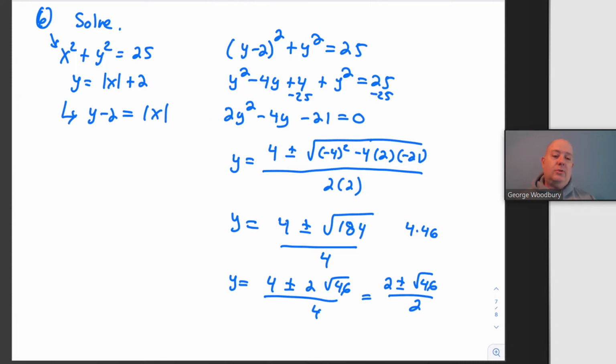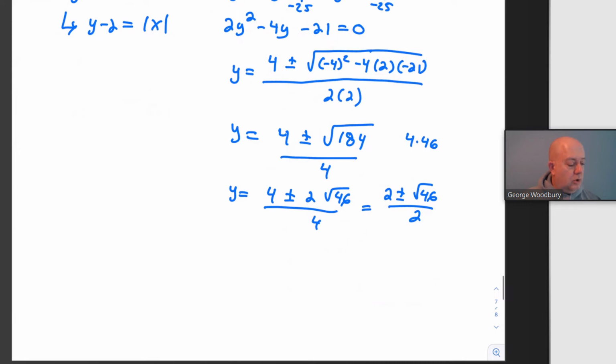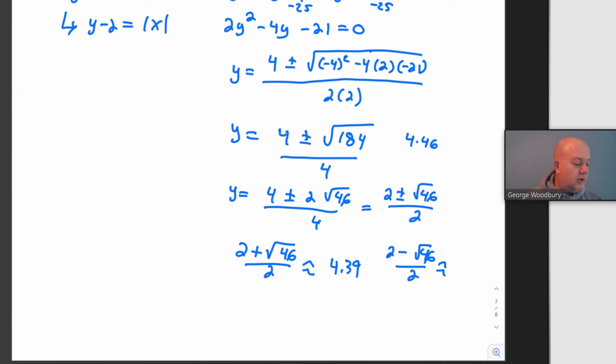These are exact solutions, but it would help to have approximate solutions. So 2 plus root 46 over 2 is approximately 4.39. And 2 minus root 46 over 2 is approximately negative 2.39.